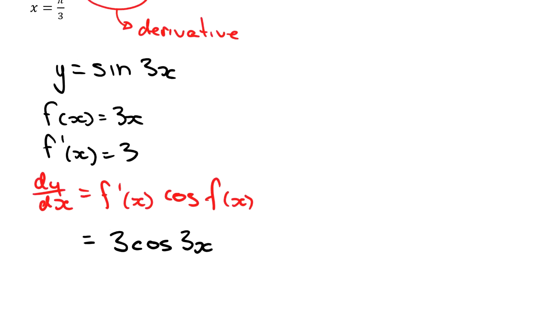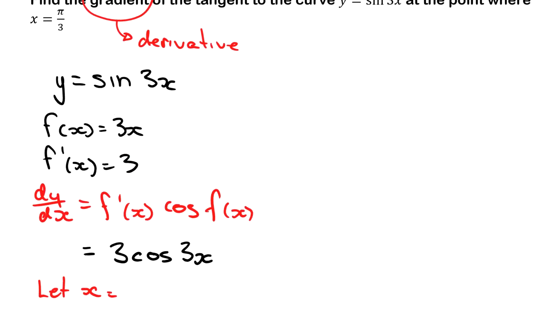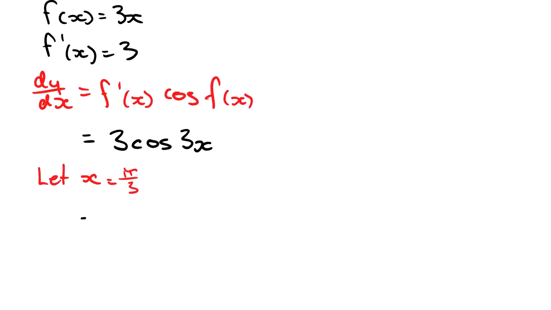Now remember, another term for the derivative, or dy dx, is the gradient function. Therefore we can find the gradient. So we're going to say let my x equal pi over 3. So m for gradient equals 3 cos 3 times pi over 3.